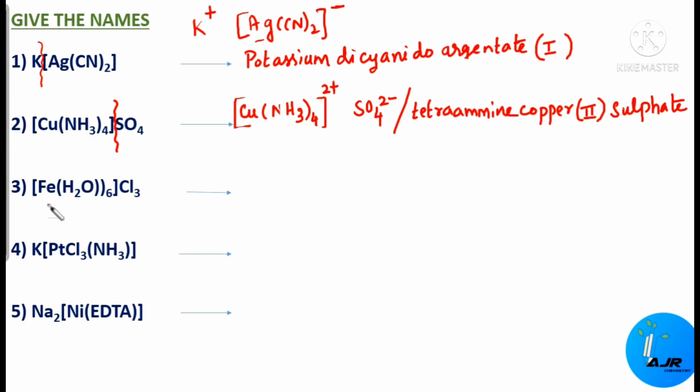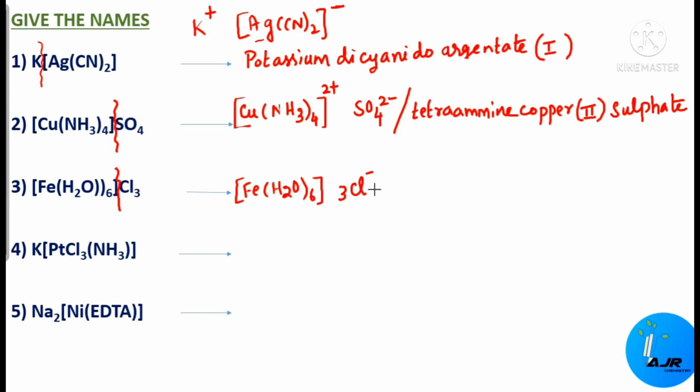Next, see the next compound [Fe(H2O)6]Cl3. Okay. So we shall fix the compound now, cation and anion. So this is cation. The first part will be the cation and the next part will be the anion. Okay. So let me write the name here. [Fe(H2O)6] and the next one is 3 Cl minus.